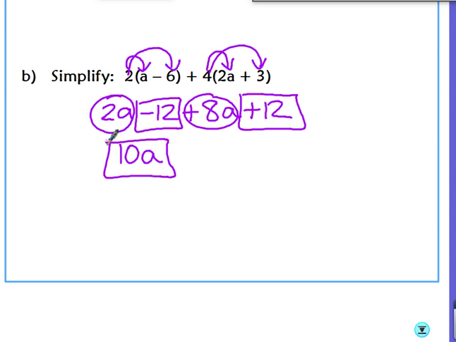Notice your constants are opposites. Negative 12 plus 12 would give you 0, therefore they cancel each other out. Your solution is 10a.